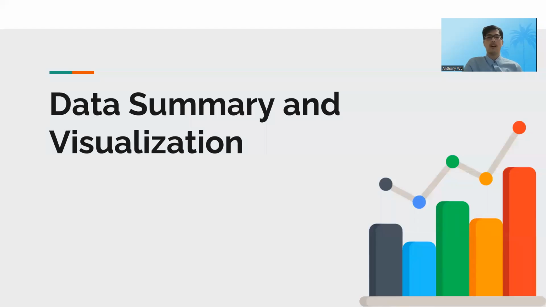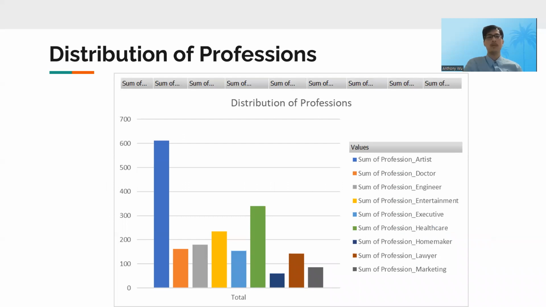Before we get into that, I'm going to be talking about the data summary and visualization. To begin with, I'm going to talk about the distribution of professions. This could be very useful to know as a store owner, since if you have a majority of one profession, it will be good to cater your products to that one profession. In this data set, you'll see that the profession artist actually has the most members.